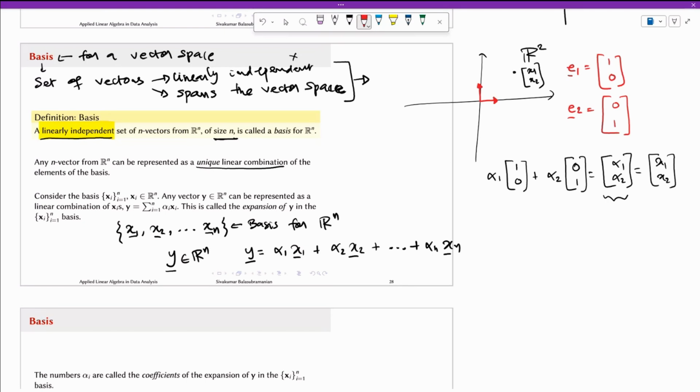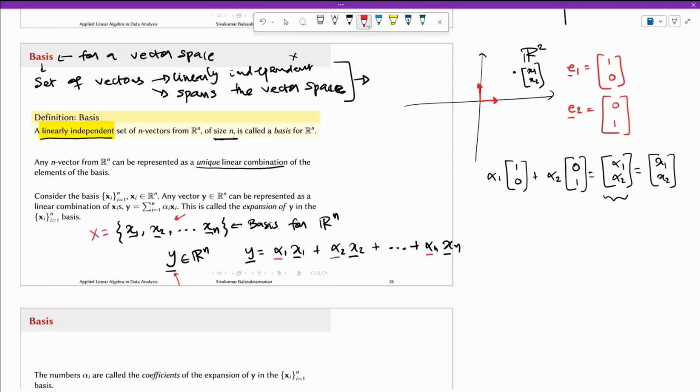So one way to think of this vector y now for me is, if you and I agree that we are going to be dealing with this basis, I'm going to call it x. This basis x, right? Then one way I can convey information about this vector y to you is by simply telling you what the alphas are. Because if I tell you the alphas, you can reconstruct y. Because both of us agreed we are going to work with x1 to xn vectors, right?